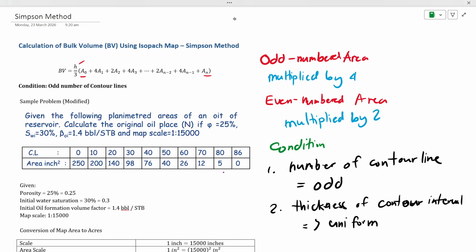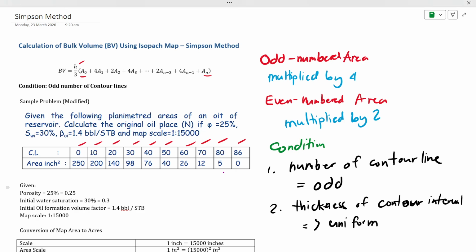So let's count: 1, 2, 3, 4, 5, 6, 7, 8, 9, and 10. We have a total of 10 contour lines. Ten means we have an even number of contour lines.